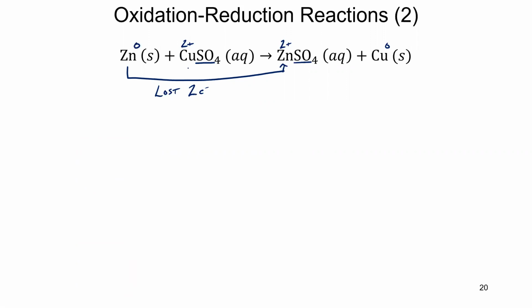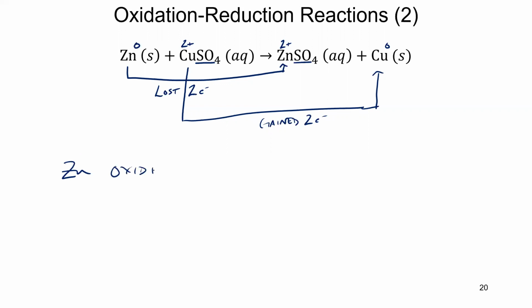But anyway, copper, what's copper doing? Gain 2 electrons. That's right. And so zinc was oxidized or reduced? Oxidized.